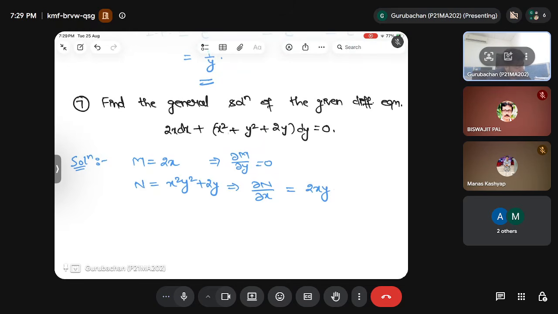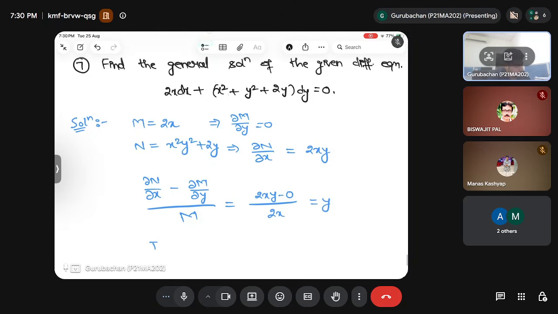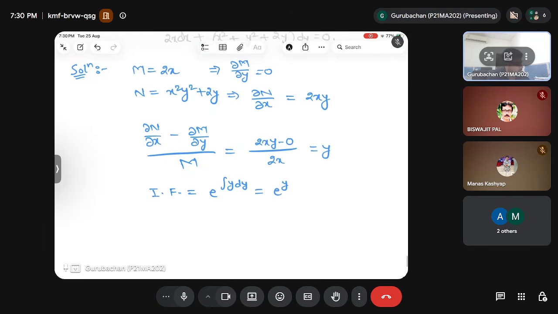Now del N by del x minus del M by del y, divided by M, will give you 2x minus 0 divided by 2x. So the integrating factor will be e to the power y dy. So e to the power y will be your integrating factor.